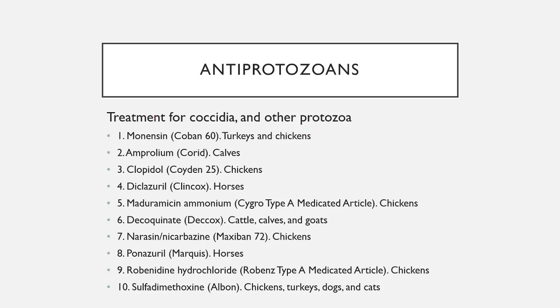Some antiprotozoans, things that we use for treatment of coccidia or other protozoa: monensin for turkeys and chickens, amprolium, clopidol, diclazuril, which I won't even say, I don't use it, decoquinate, ponazuril, narasin, robenidine, and then the one that you are most often going to use, sulfadimethoxine, called Albon.